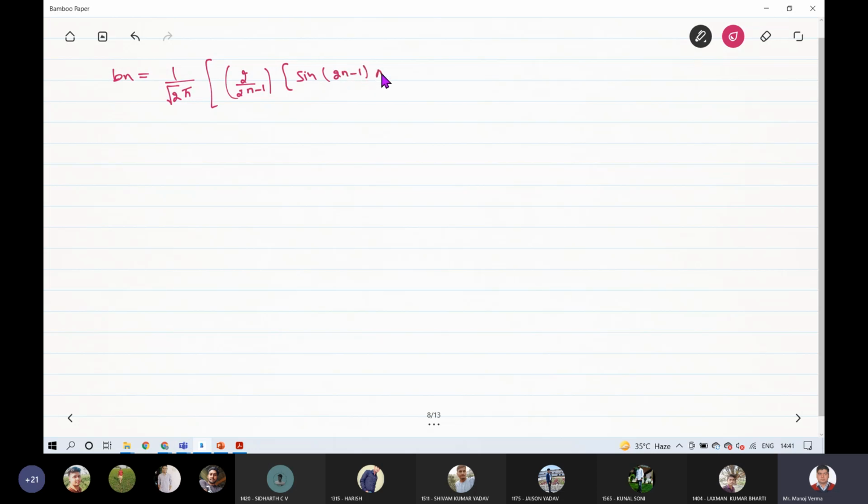If I insert that, it will be something like this, minus the lower limit, that is 0, minus the denominator from the second expression and the limits.